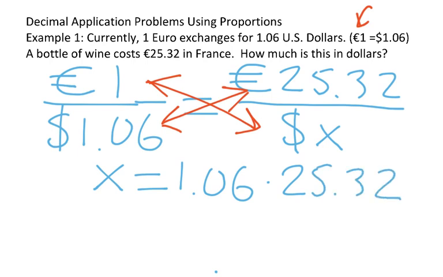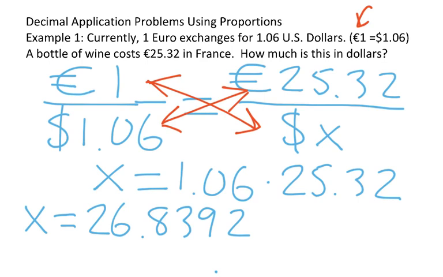I'm going to get my calculator out for that and do that multiplication real quick. 1.06 times 25.32. That's going to give me the following value for x. X is 26.8392.